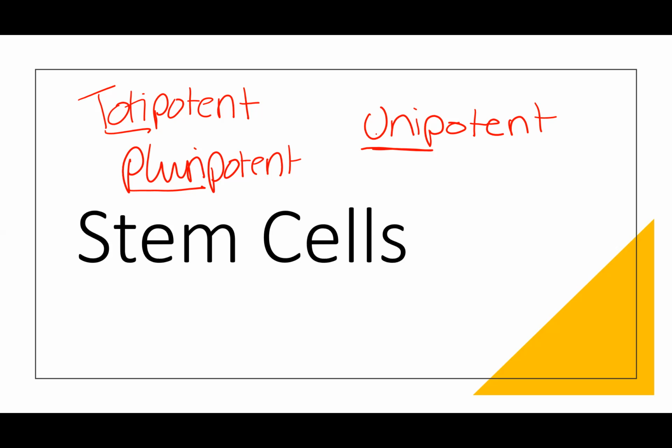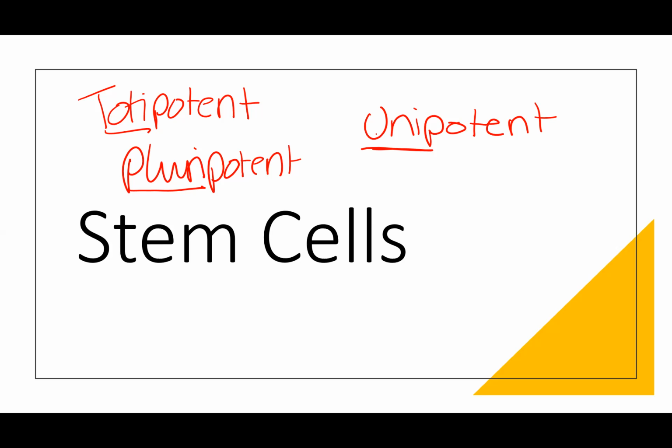Basically, stem cells are undifferentiated cells which can differentiate into specialized cells. Each one of these categories of stem cells can become either every type of cell possible in the human body, or less, or even really more specific.